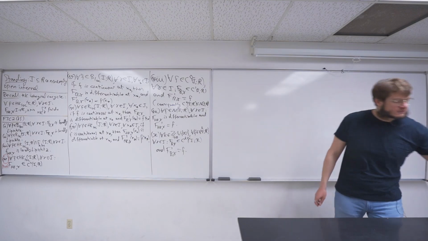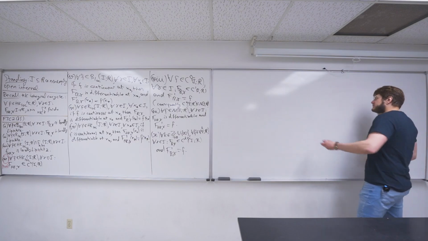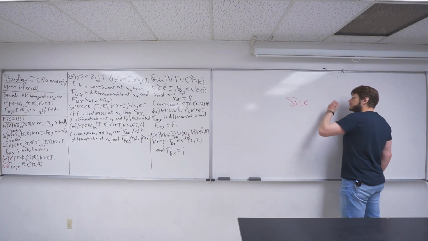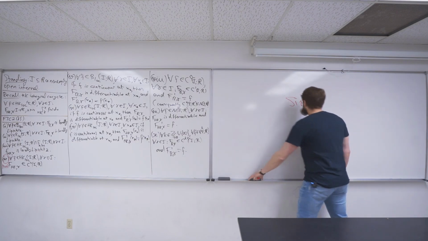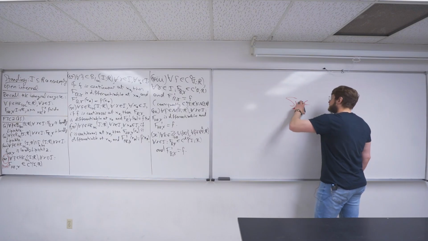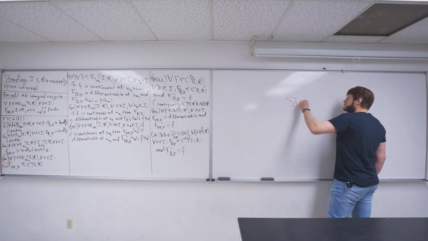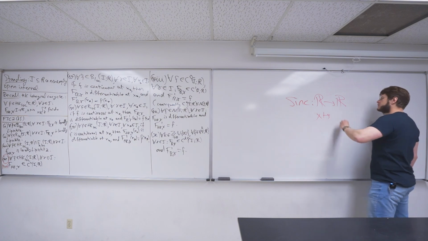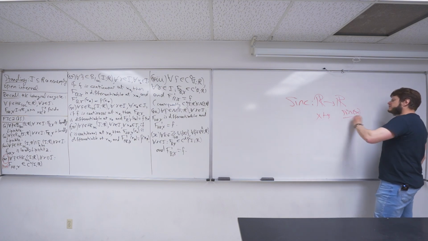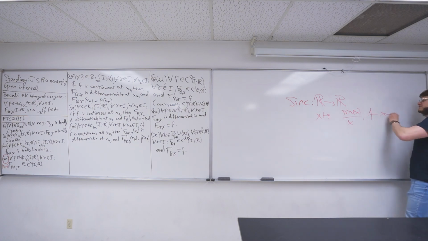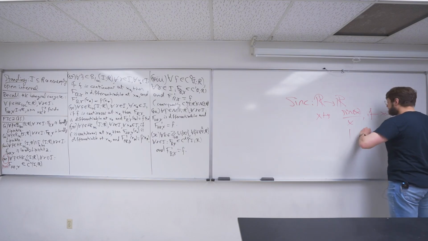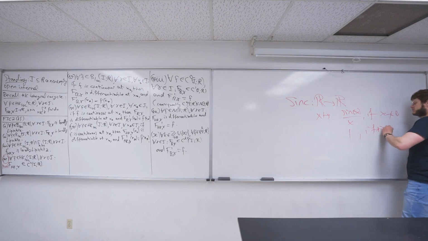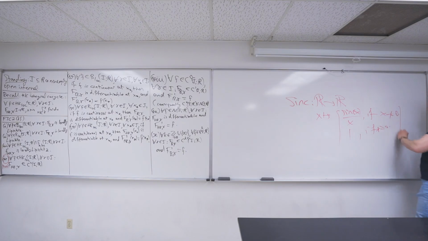So for instance, we talked about the cardinal sine function. This is sine of x divided by x if x is not 0, and 1 if x is 0. This is a continuous function.